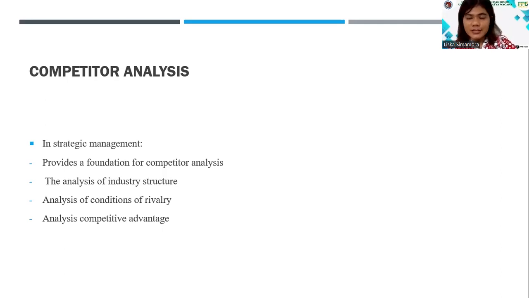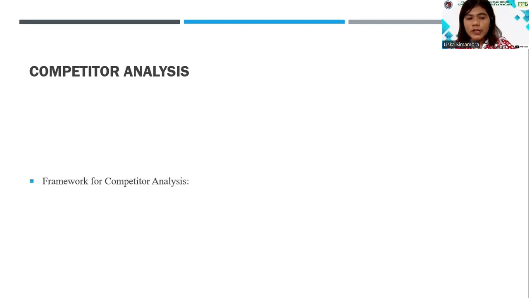So if our industry structure is not good enough, it will affect our profitability. Analysis of conditions of rivalry. So we have to analyze our rivalry, whether it's strong or whether it's weak. And then analysis of competitive advantage. What makes us competitive compared to our competitor?